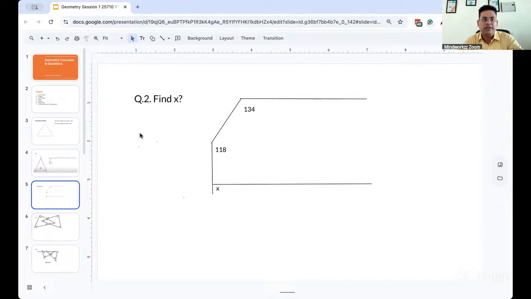Even if you have done the question earlier, it will be a revision for you. So solve and get me the value of X. You have 1 more minute.